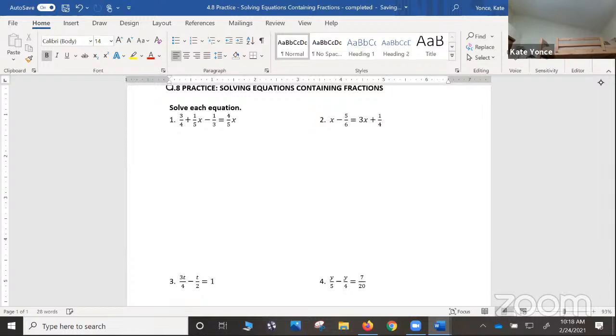I need to rewrite that. 60 over 1 times 3 over 4 plus 60 over 1 times 1 over 5x minus 60 over 1. Oh, I'm confused.